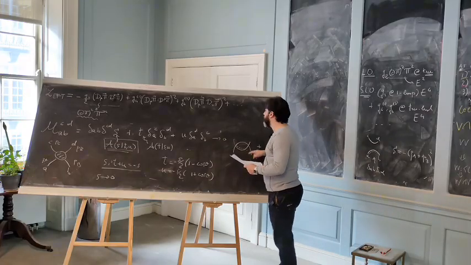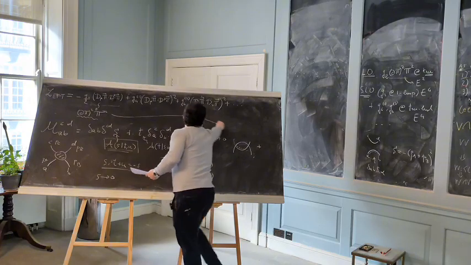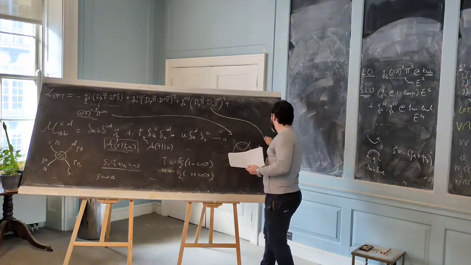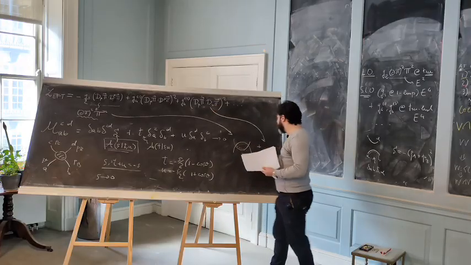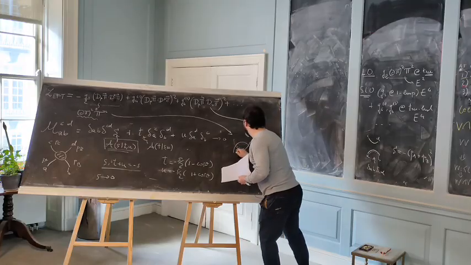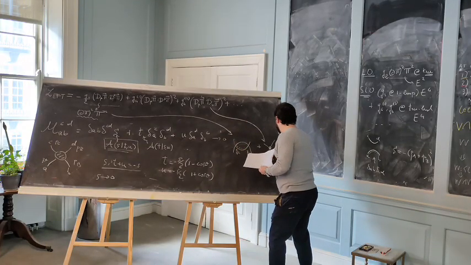And then this would be from this interaction here at one loop, and then there would be diagrams that come from this contact interaction, like this, with some different vertices. So this will be G2 squared, and this will be G4 1 or G4 2.